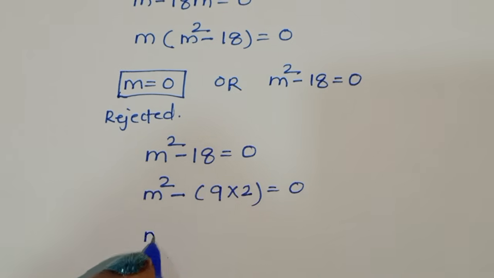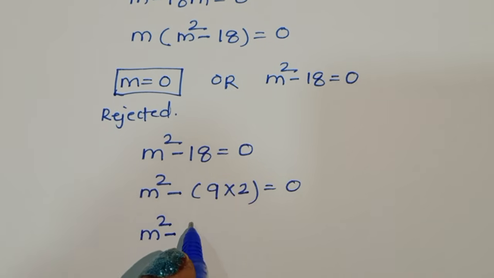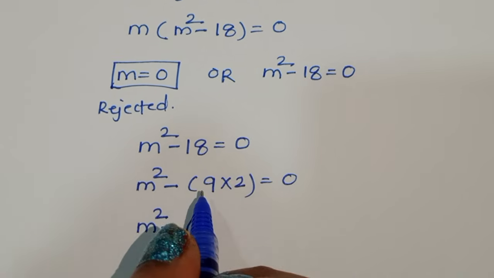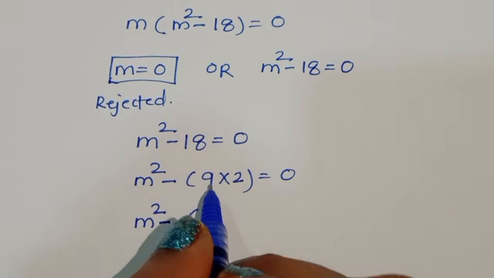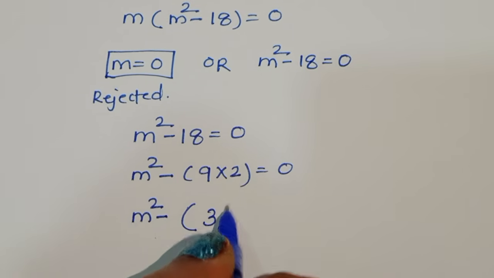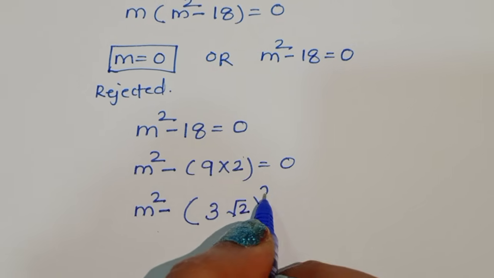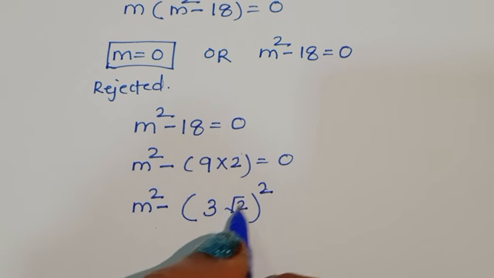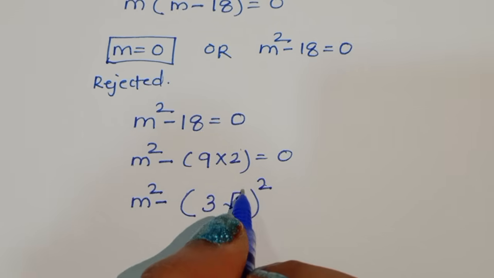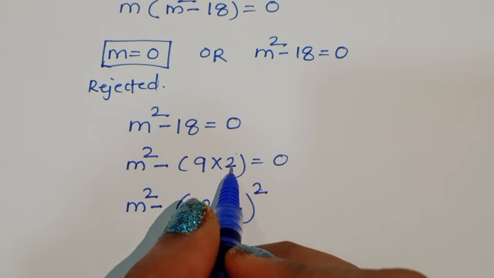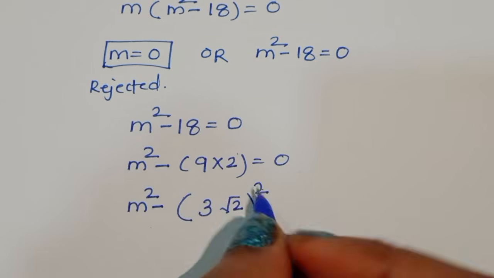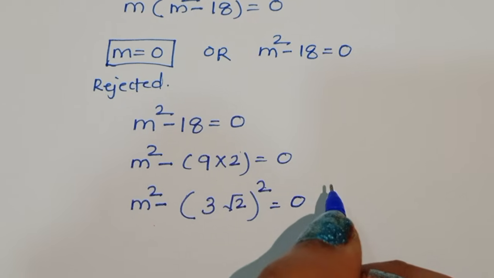So we write m square minus 9, and 9 we can write as 3 square, and the 2 as square root of 2 whole square. 3 square is 9, and the square of the square root of 2 cancels, so it becomes 2. So 9 2s are 18 equal to 0.